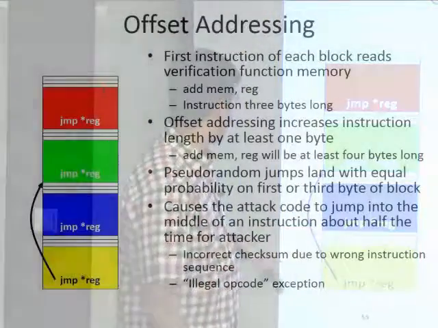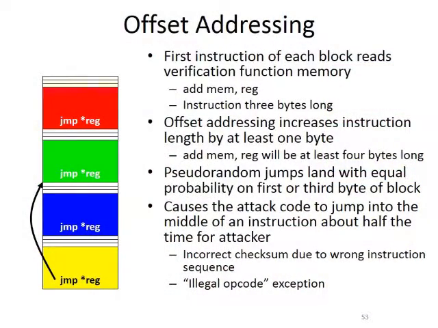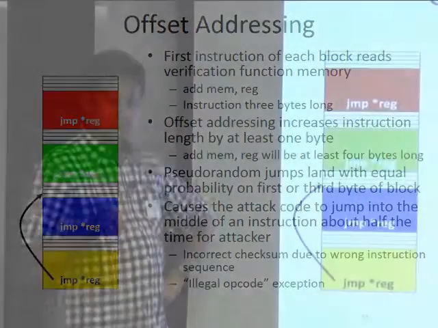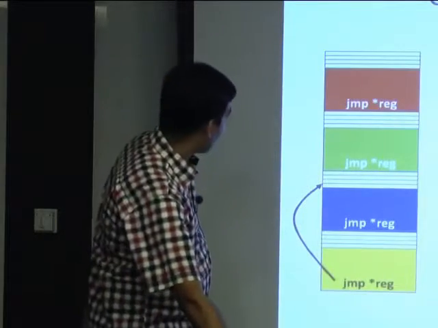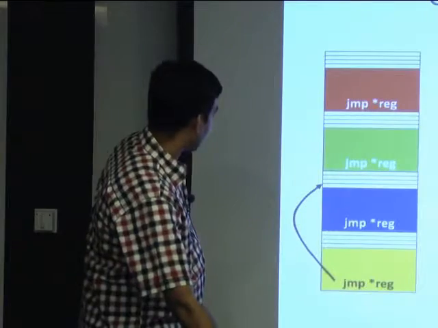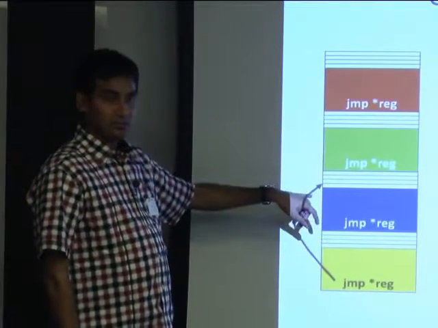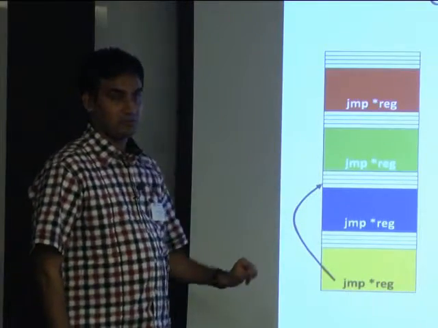So pictorially, we have the pseudorandom jumps jumping either to the first byte or to the third byte. This is the correct execution. In the attacker's execution, we see that the instruction length of add memreg has increased by at least 1 byte. So when the jump in fact hits the third byte, it's going to land in the middle of this instruction.